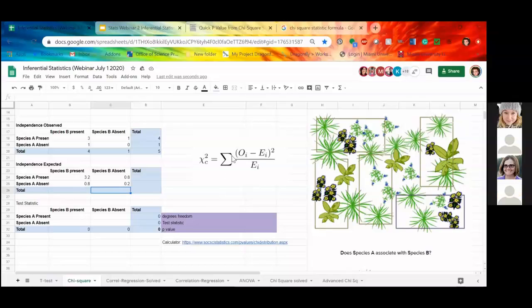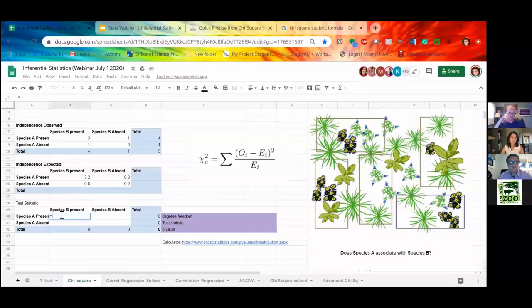So for this formula, it says we're going to take the sum, which we'll do at the end. We're going to do the observed value, so that's from our first contingency table, minus the expected value in the same spot from our second contingency table. We're going to square that, and then we're going to divide by the expected value. So again, a lot of really simple math that, thank goodness, Google Sheets helps us do. So we're going to go equals.